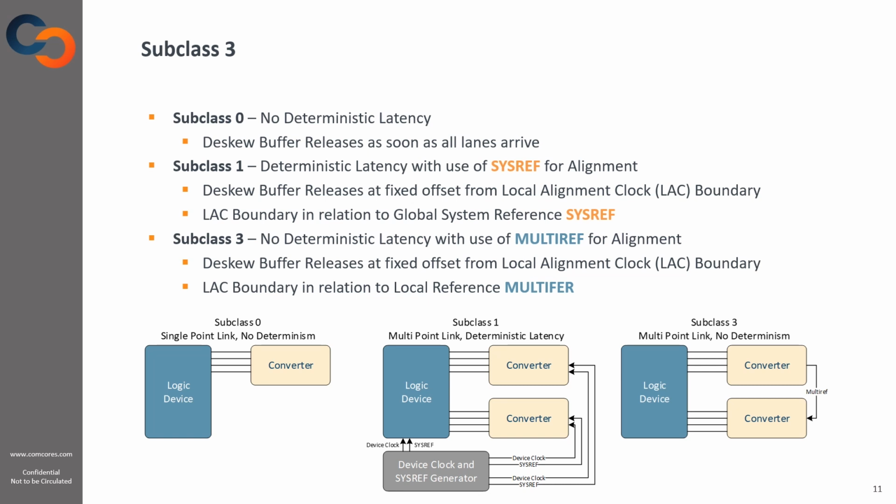In subclass 1, as before, SYSREF, that is in sync with the device clock, is distributed to all the components in the system, giving a precise timing reference allowing for deterministic latency. And in subclass 3, there is no deterministic latency, however, a multi-ref signal is shared across devices on a multi-point link, allowing them to have a common local reference used for aligning lanes on a common local alignment clock boundary, LAC.